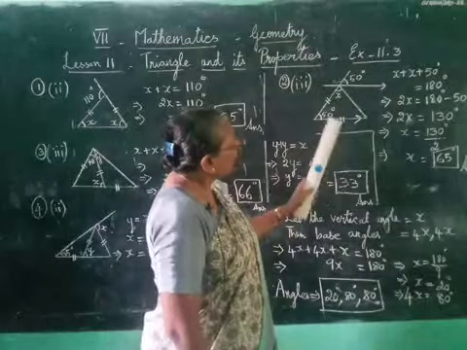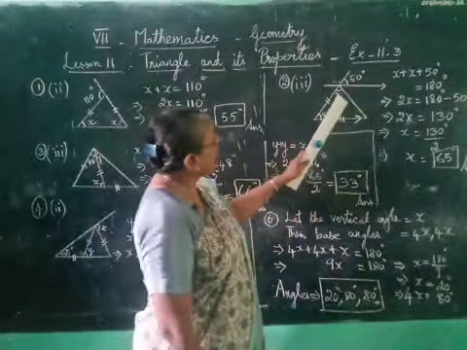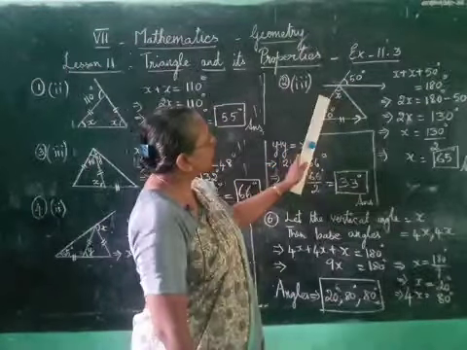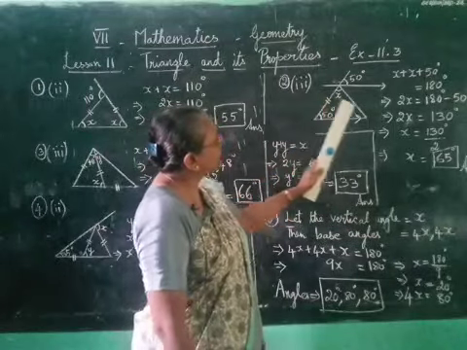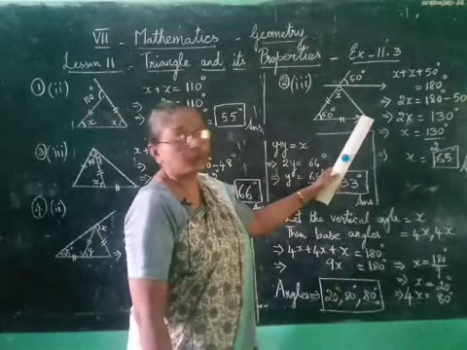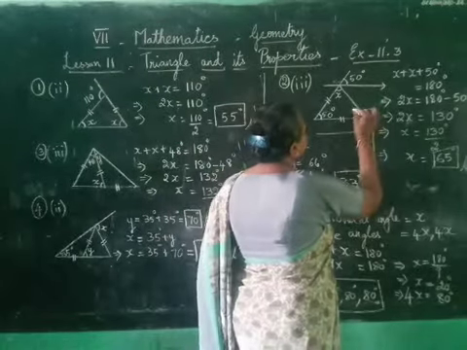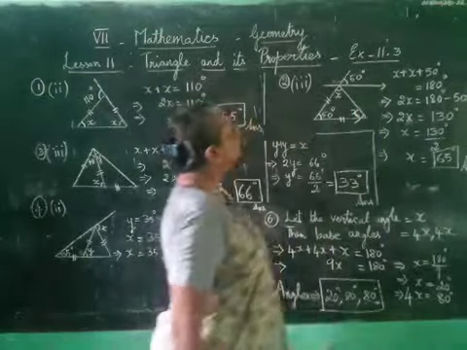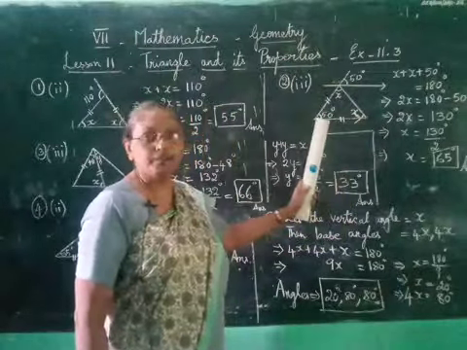So, this angle also will be 50 degrees. And according to the property of the isosceles triangle, the angles opposite to the equal sides will be equal. Therefore, this angle and this angle are equal. So, x and x, here also it will be x. So, we have the interior angles to be x, x and 50 degrees.